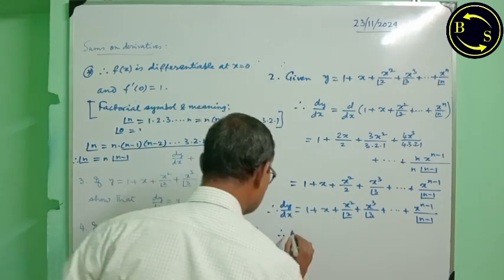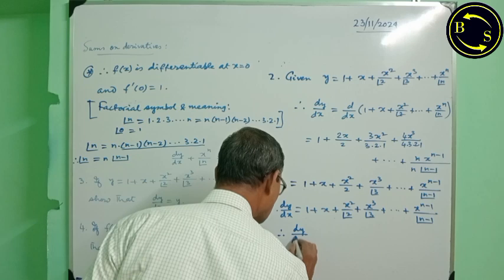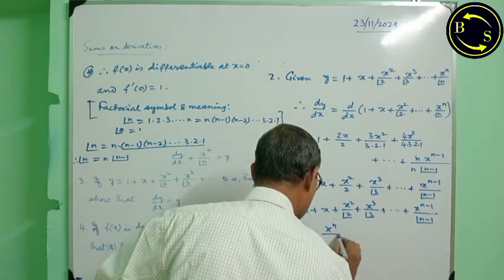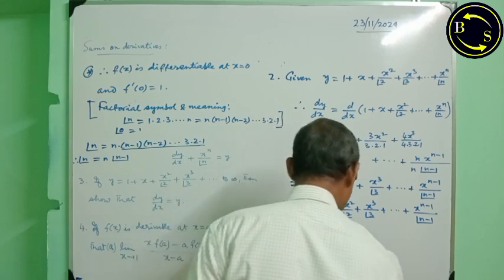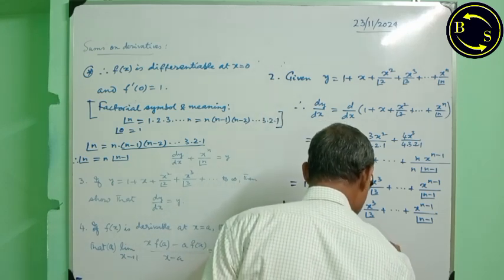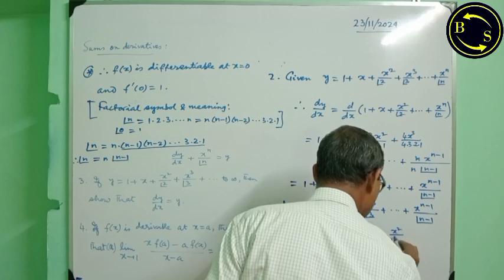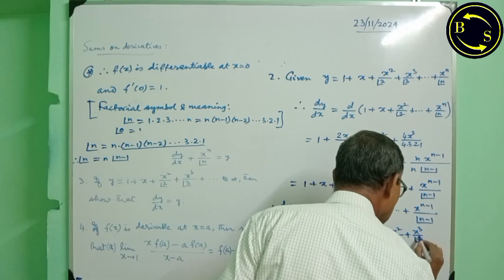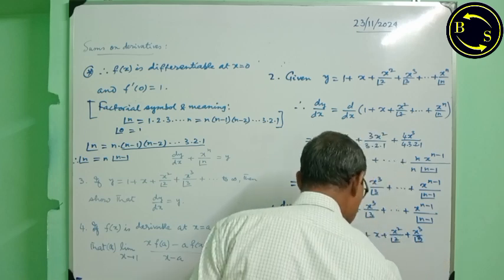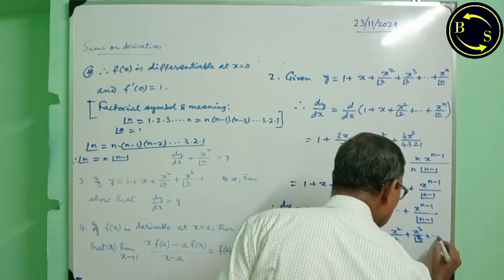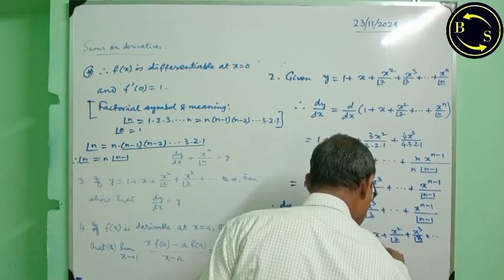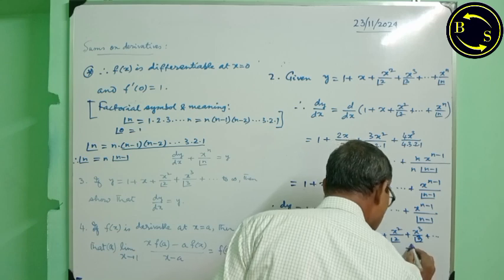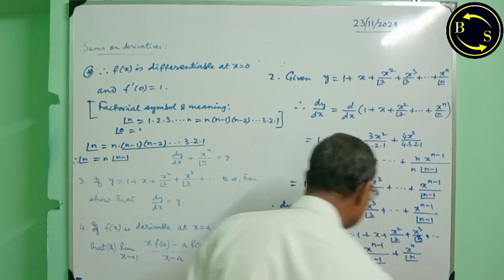Therefore, if I add this one, x to the power n by factorial n, what we get on the right side: 1 plus x square by factorial 2 plus x cube by factorial 3 plus, and so on, x to the power n minus 1 by factorial n minus 1 plus x to the power n by factorial n.